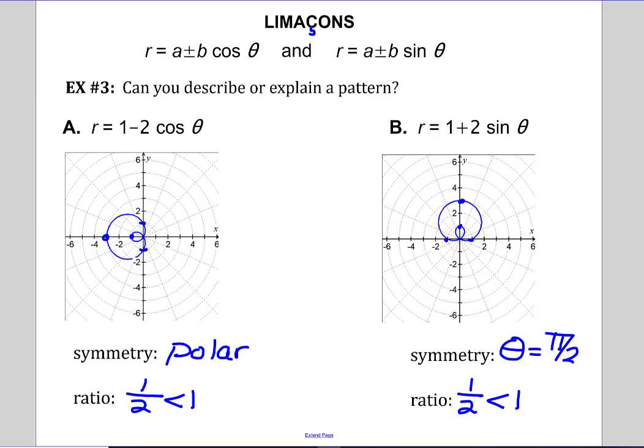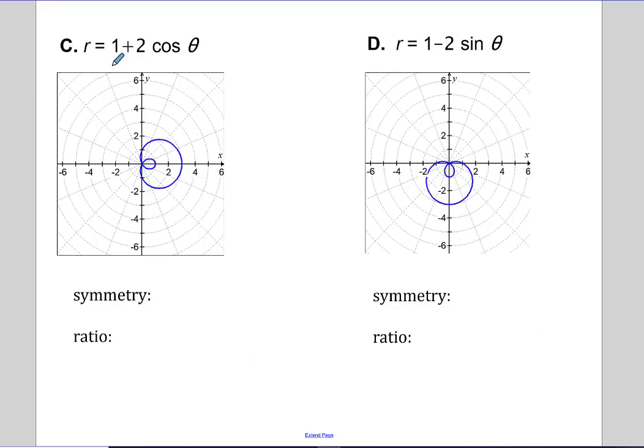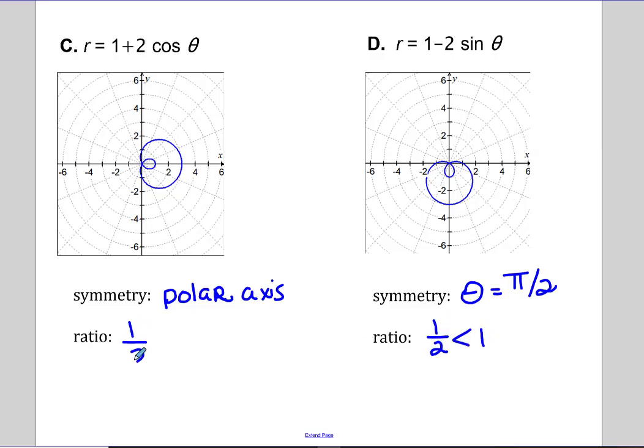And then on the C and the D, 1 plus 2 cosine has polar axis symmetry. 1 minus 2 sine has theta equals pi over 2 symmetry. The ratio is 1/2. Positive cosine goes to the right.